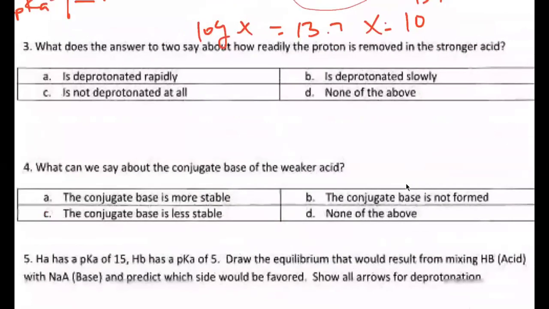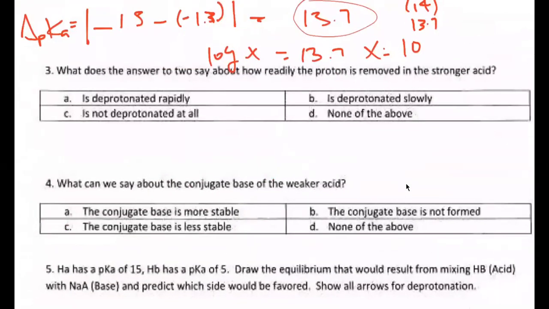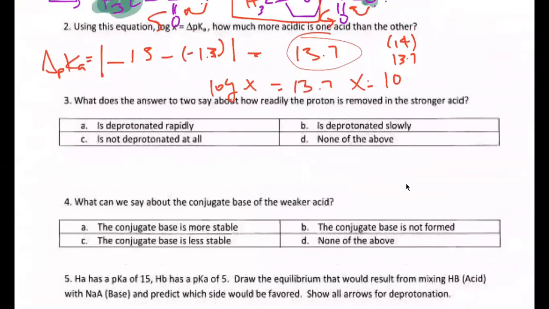It says, what does the answer to number 2 say about how readily the proton is removed from the stronger acid? We said that triflic acid was the stronger acid. What's another way to say that?